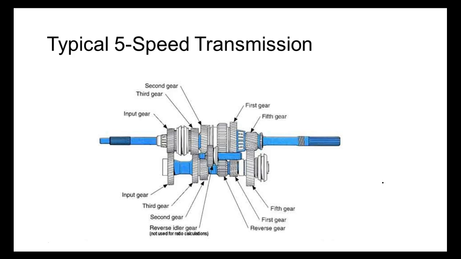When you start off, you hear your engine running real high, especially people that have straight shifts. You can really hear that engine rev up before you shift, but you're not going any speed at all, because when you start your car up, you want a lot of what? Torque. And then you start dropping the torque down by just shifting the gear ratio.